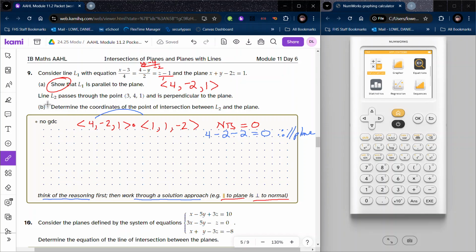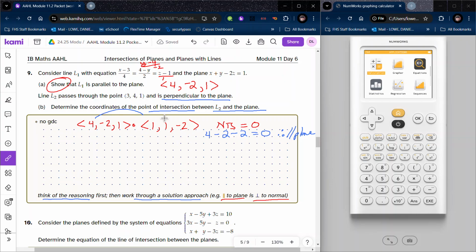All right, now line L2 passes through a point and is perpendicular to the plane as well. So I know my directionality of L2, and I want to determine the coordinates of the point of intersection between L2 and the plane. This idea of finding a perpendicular to the plane is going to come in handy when we start talking about distances between points, distances between lines, and distances between planes in our lessons to come.